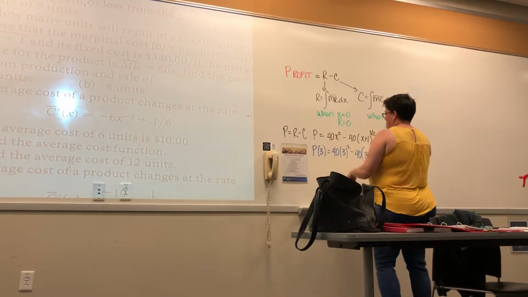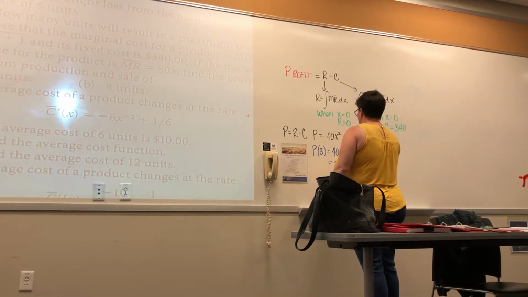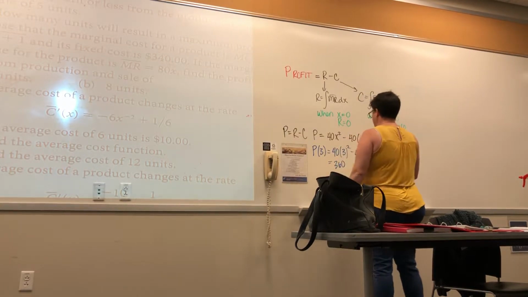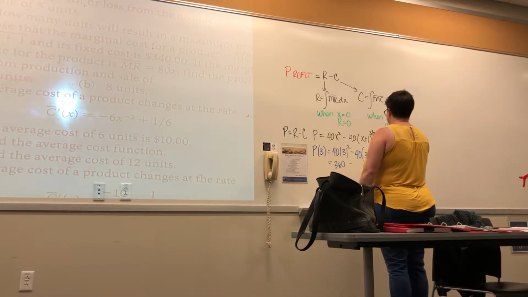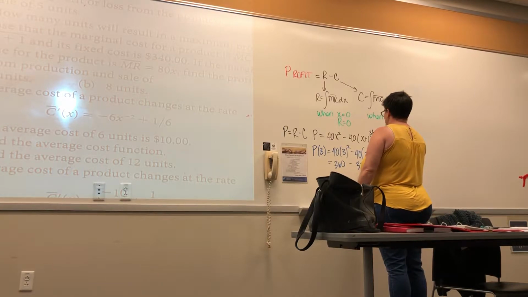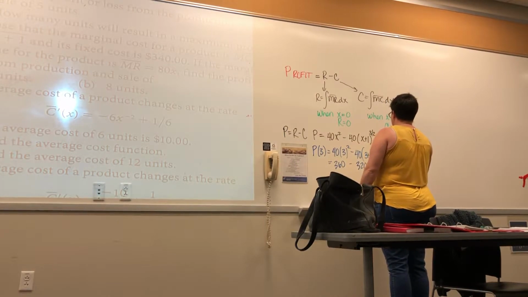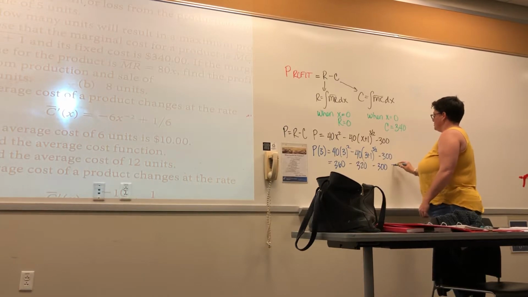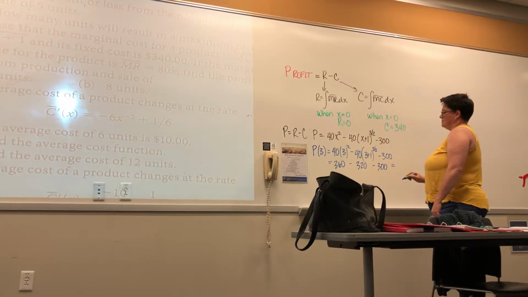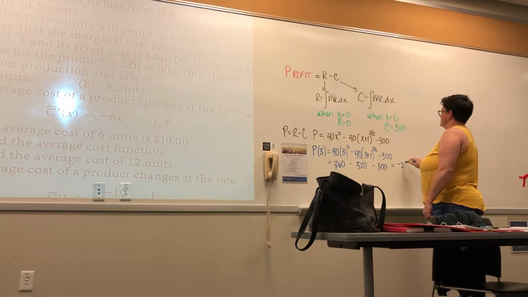So this is 9 is 360 minus 464 is 8. 8 times 40 is 320 minus 300 equals 40 minus 300 is negative 260.